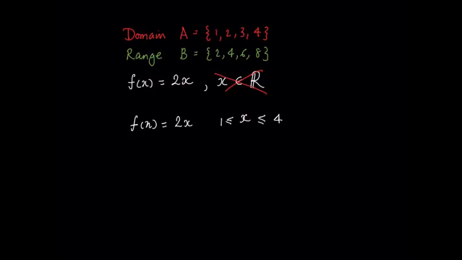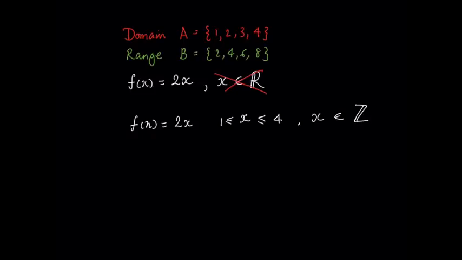So we need to state that x is an integer. So we can write that x is an element of the set of integers, which is given the big symbol Z. So knowing that, with these three pieces of information, f of x is equal to 2x, x is greater than or equal to 1, less than or equal to 4, and x is an integer, there's now only one possible outcome when we apply this function to the set of values that are in our domain.